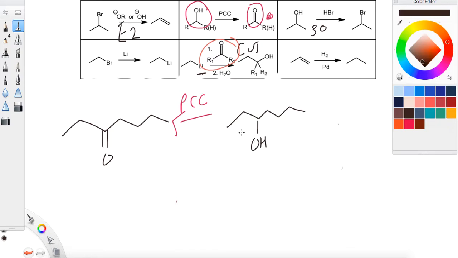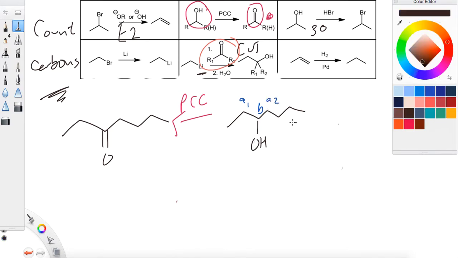Now another crucial thing about synthesis is to always count your carbons. Without a doubt, do not lose carbons in the middle of your synthesis. Alright, so we go again. We go to my double bonded oxygen, and I say, okay, let me follow him. That's B. Anything to the left of B, A1. Anything to the right of B, A2.